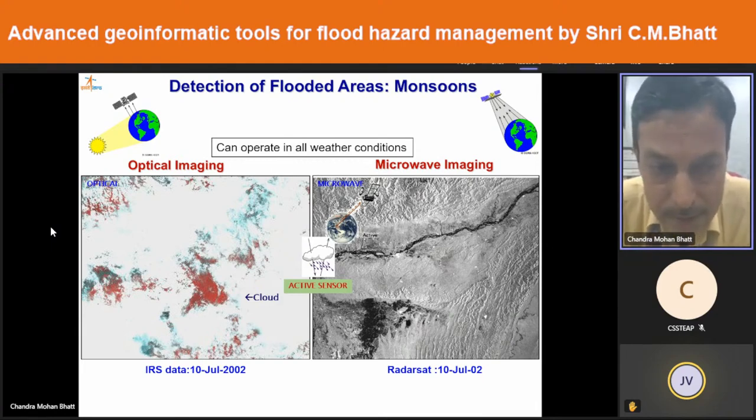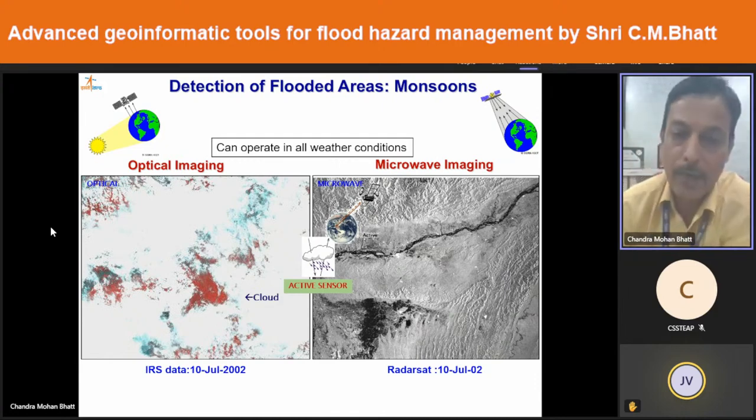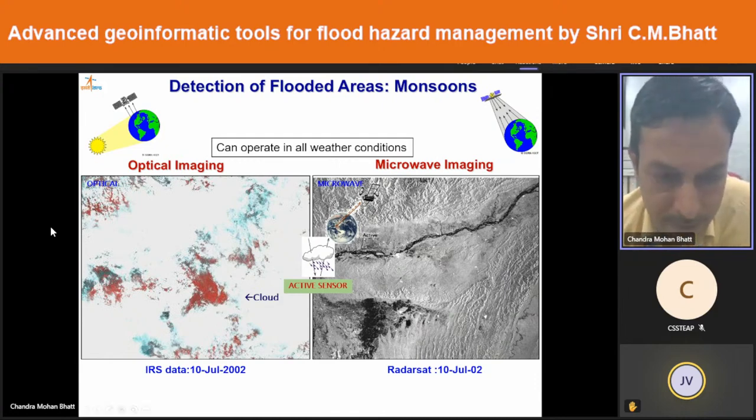Optical imaging gets hindered by the presence of clouds, because these shorter wavelengths in the visible spectrum cannot penetrate the clouds, and therefore we are not able to see what is on the ground. On the left is one picture which shows there are clouds, and below there are floods, but the beam gets obstructed and we are not able to get the picture of the ground, we are only seeing the clouds.